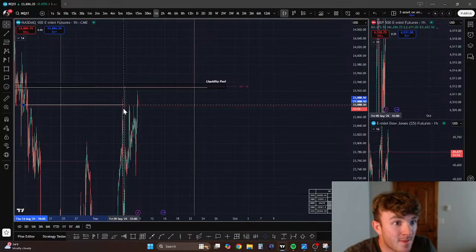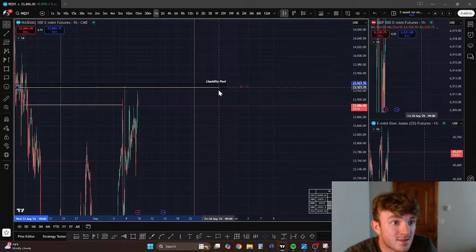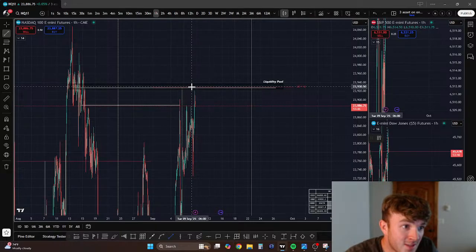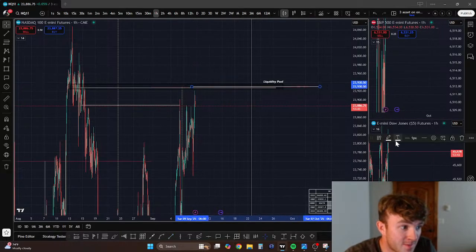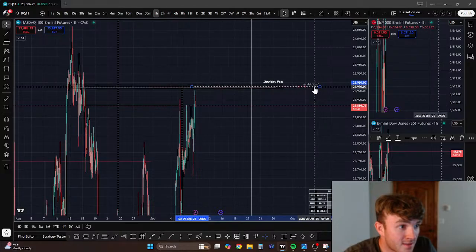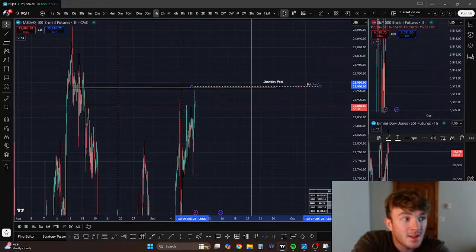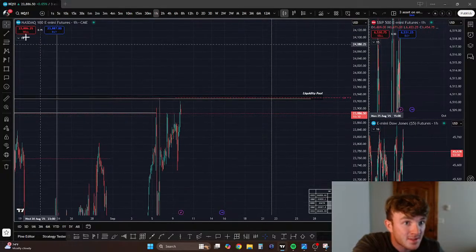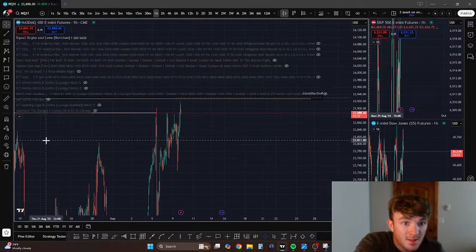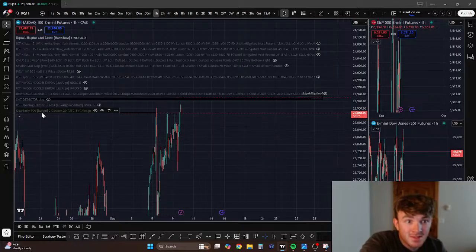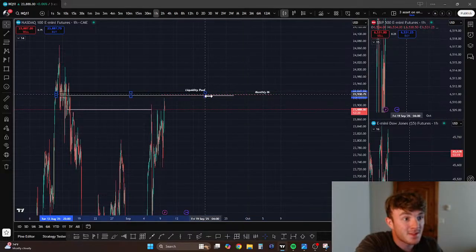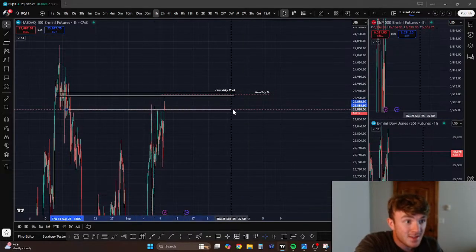The daily volume imbalance is perfectly situated at this liquidity pool, and within that liquidity pool is the monthly statistical manipulation level. So with all that in mind, monthly M minus here, what might end up happening is, check this out. 23,963 wicked out. Dang, that could be a really good opportunity, honestly. So daily volume imbalance here.